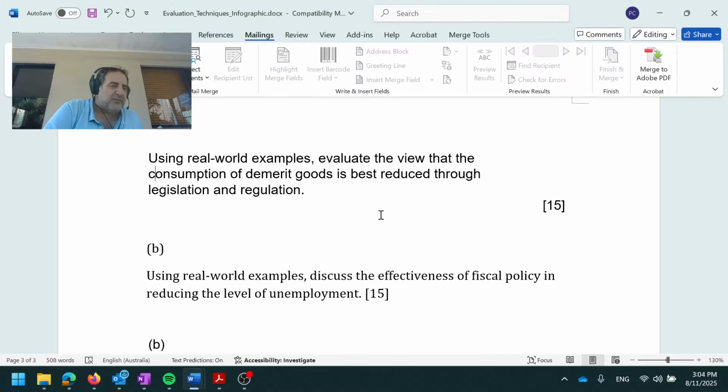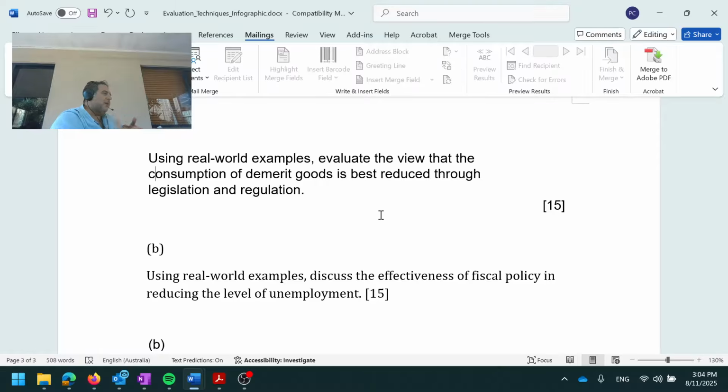So you would talk about the strengths of using legislation and regulation, and then that would be immediately followed by some of the weaknesses of using that approach. So that's the first two thirds of your essay. The last third of the essay would be canvassing other approaches to alleviate the market failure around demerit goods.